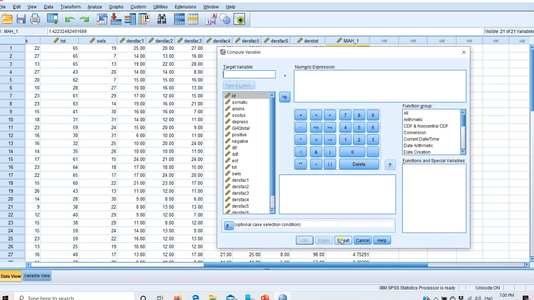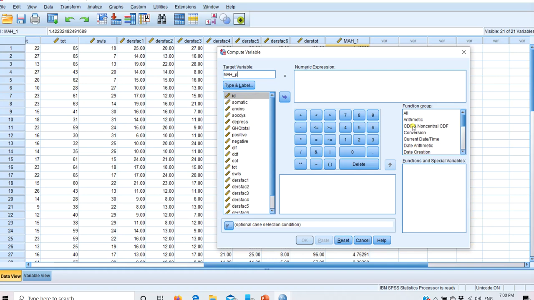Again, I am resetting it. We will create MAH for Mahalanobis underscore P. This is the new variable that we are going to create that will display the associated probabilities value with each of the D square values.